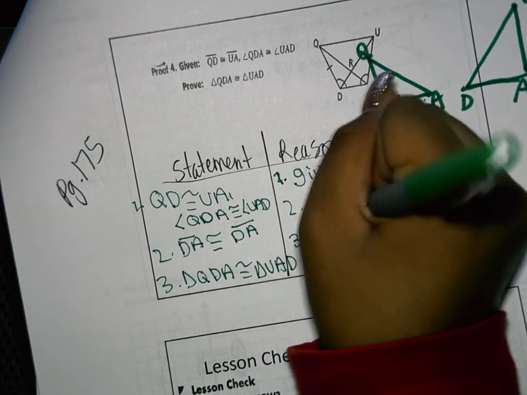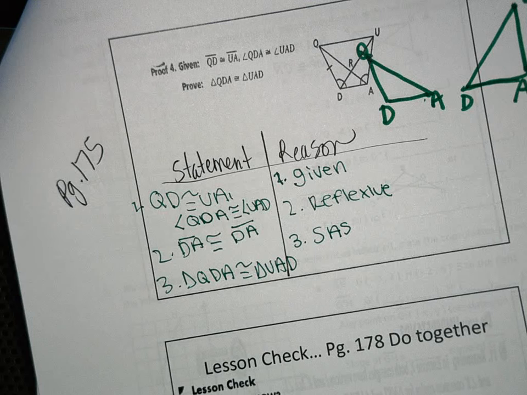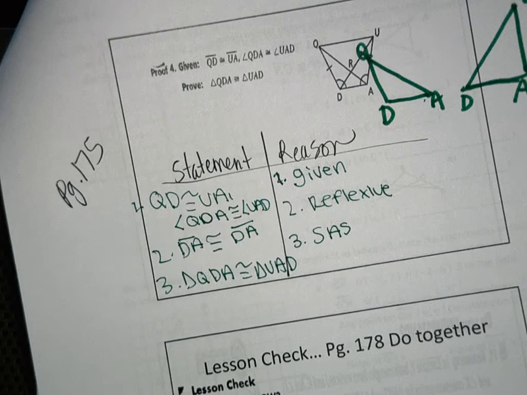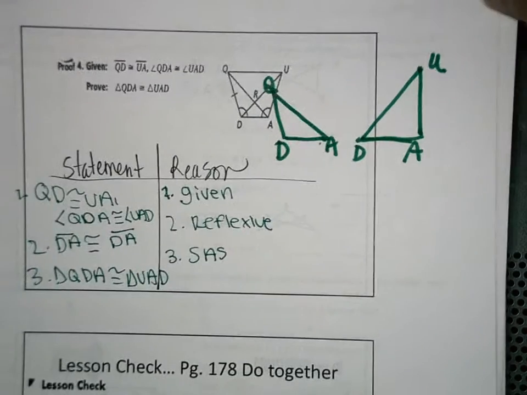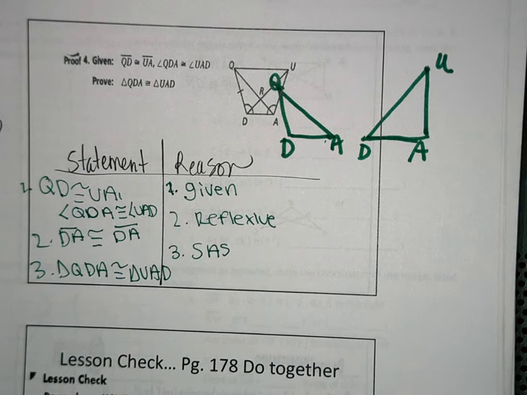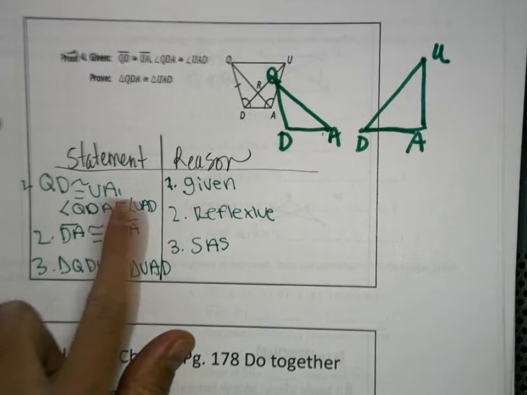Right? Okay, you want me to talk through it? Going back up here, the first thing I did was separate the triangles. Once I separated the triangles, we should look at all the information they gave us. So given, QD is congruent to UA.